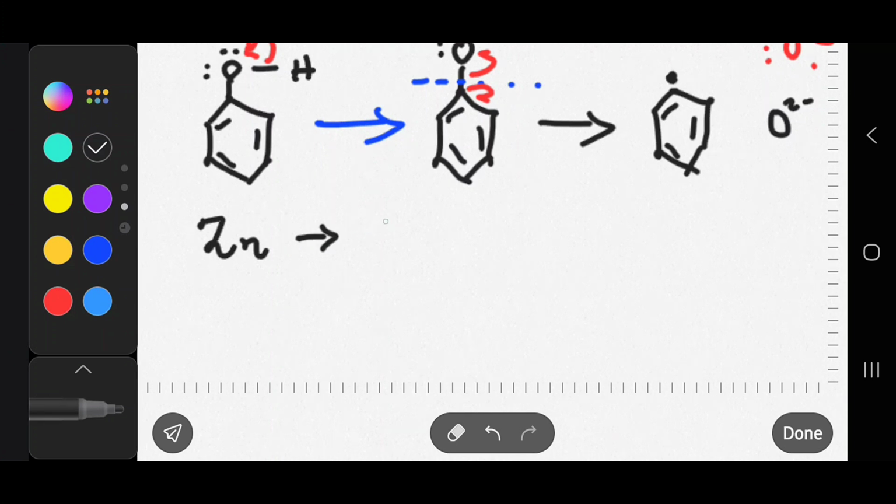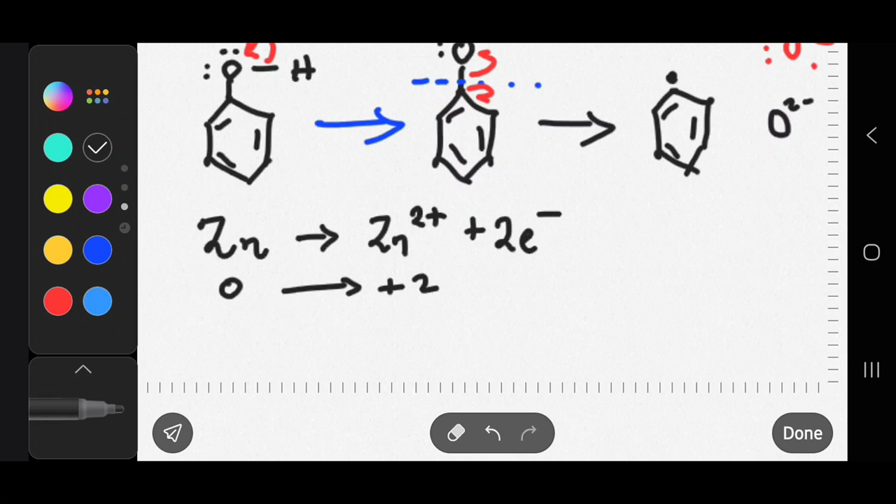Oxidation is a loss of electron kind of process, which increases the oxidation number. So we're going to have zinc 2 plus and 2 electrons. This is oxidation. Zinc is in 0 oxidation state here, and plus 2 oxidation state here. So this is oxidation, increasing oxidation state, which makes it a reducing agent.